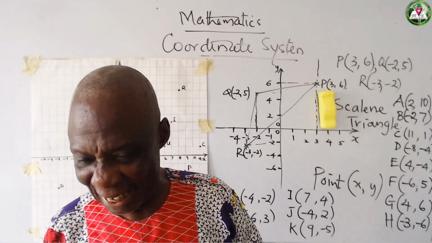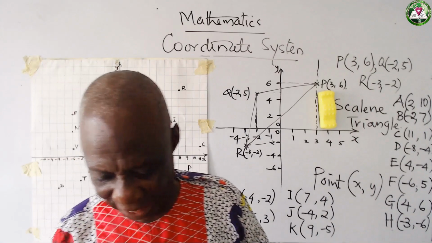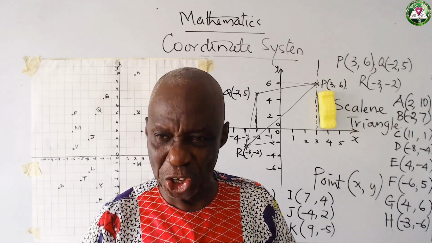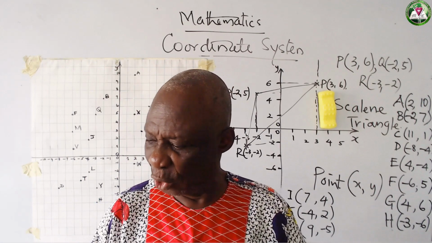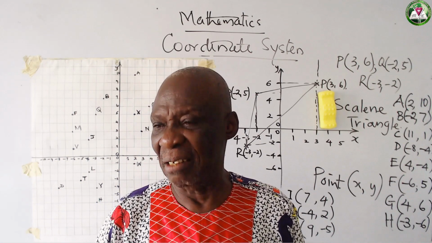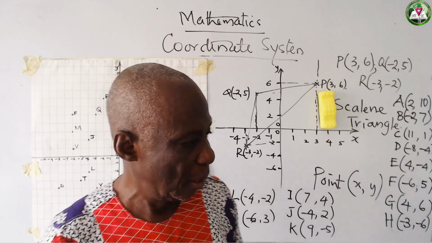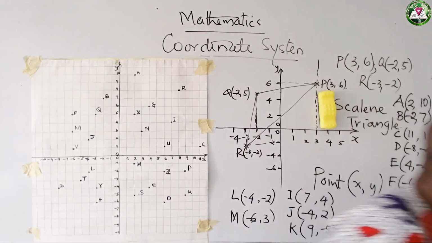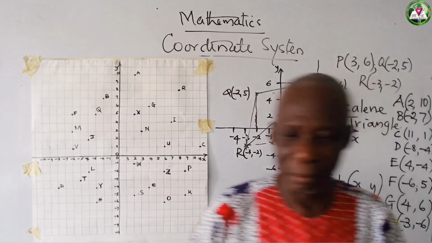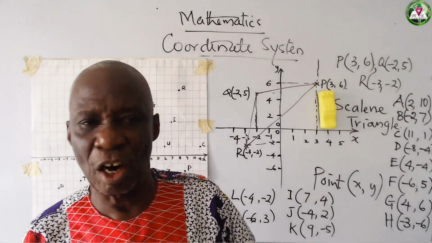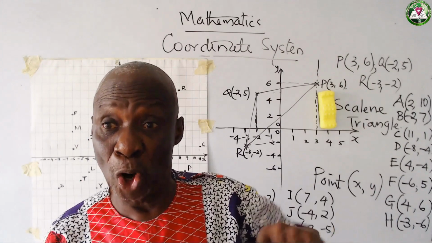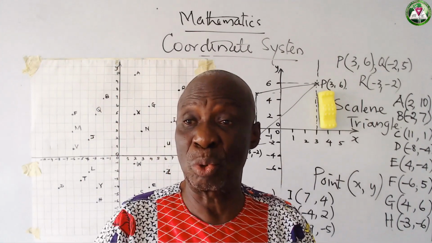We do not intend to waste much time because we want to drill you on this so that you get exactly what you are supposed to get. Then having gotten that, by the next time we will handle plotting of the graph. Plotting, that is the next thing we shall do.